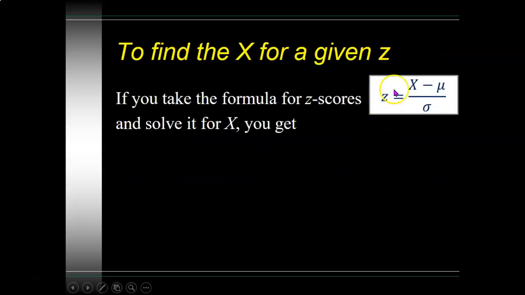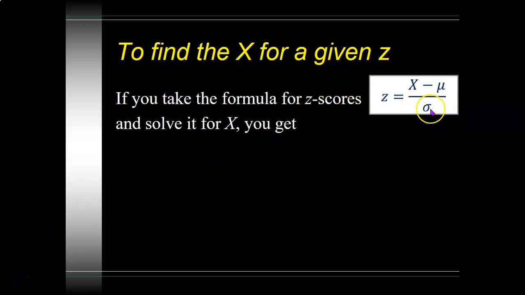First of all, we've been working with this formula for z-scores that lets us convert any number, any x, to a z by taking that x minus the mean divided by the standard deviation. Now you can use your powers of algebra to solve that equation.